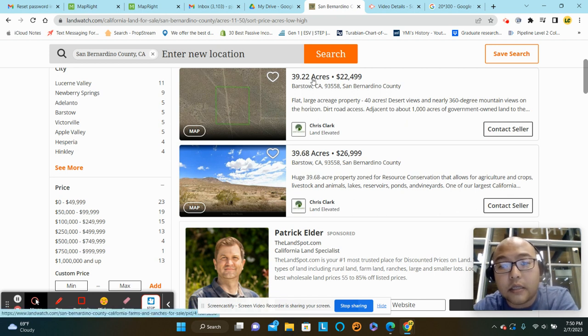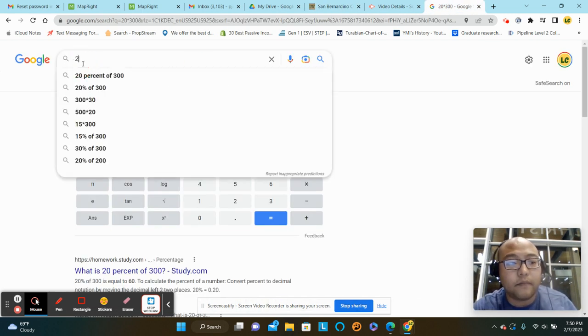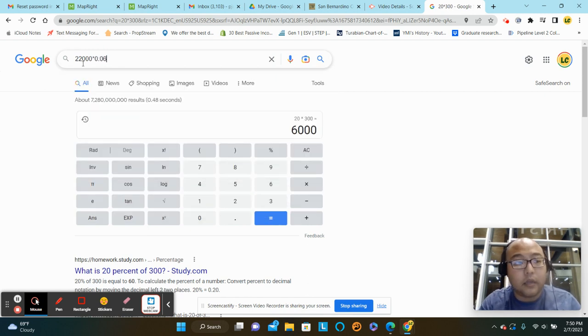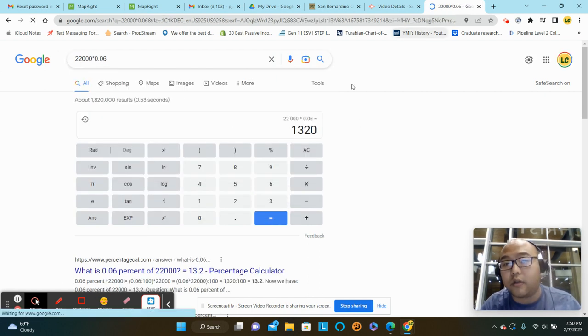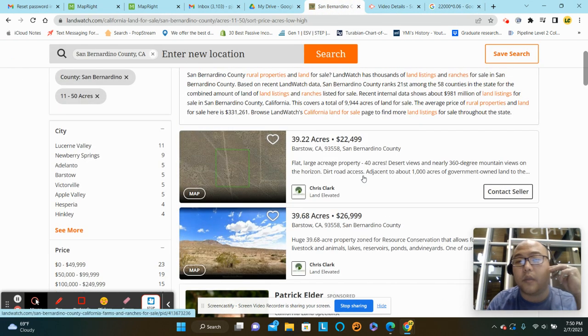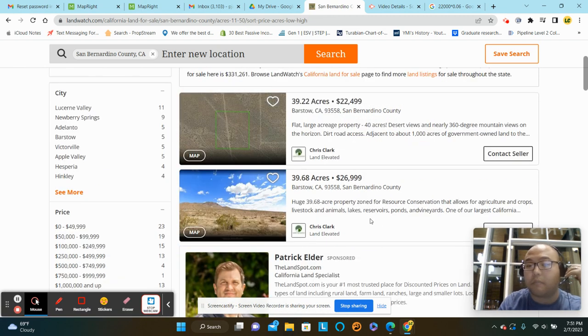Like, if a real estate agent took this property, how much money are they going to make? Like 6% of this, 22,000, right? 22,000 times 6% is 1,320, and then they split it with another agent. They made what, $600 for their time. That's why there's really an underserved market with land, especially in these price points.